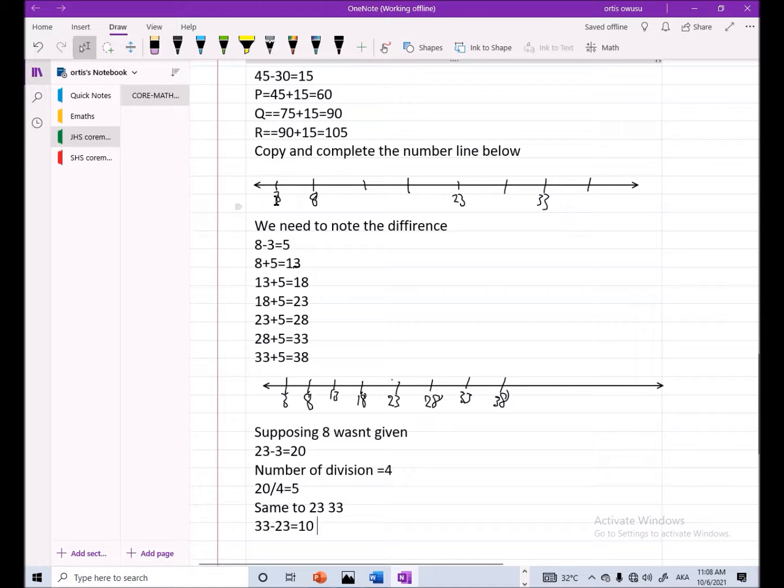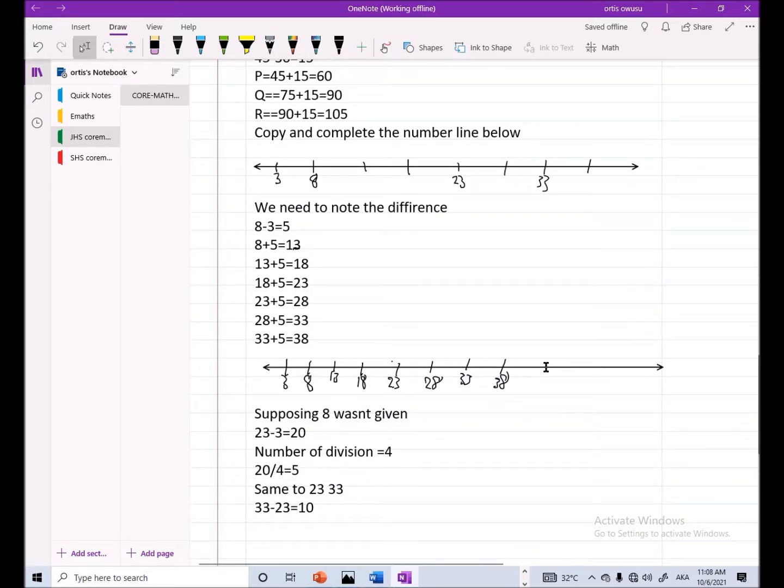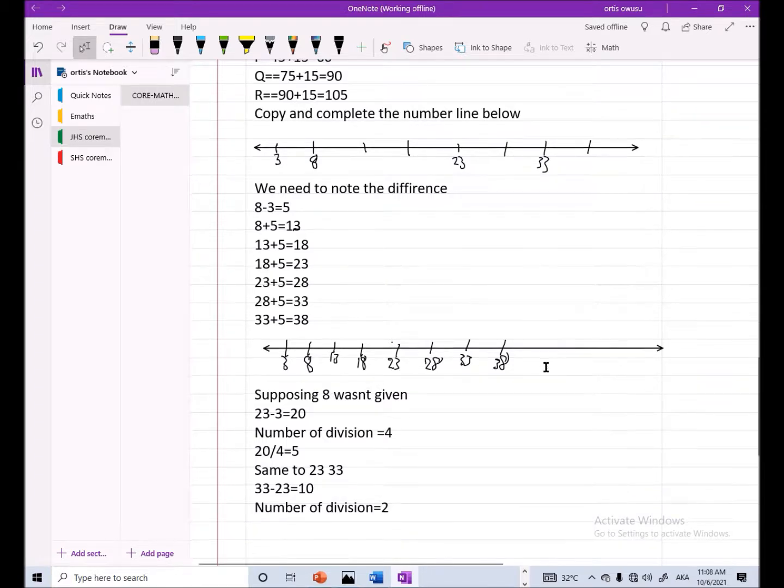Here we used the 3 and we won't count the 3; we count 1, 2, 3 to the 4, to the highest number. So the number of divisions is 2. 10 divided by 2 gives us 5. Very simple. No matter how we do it, we get the result.